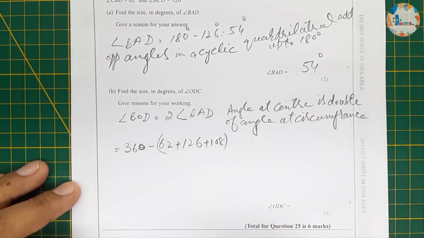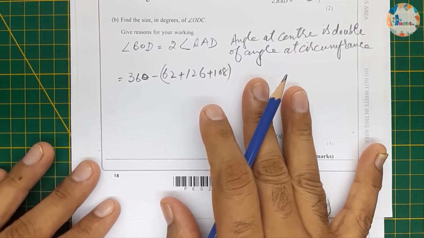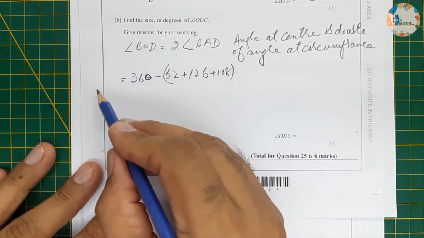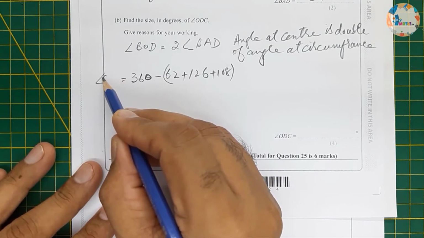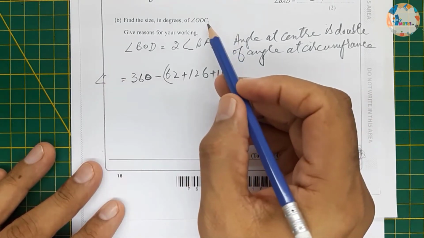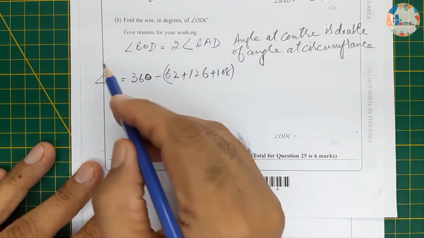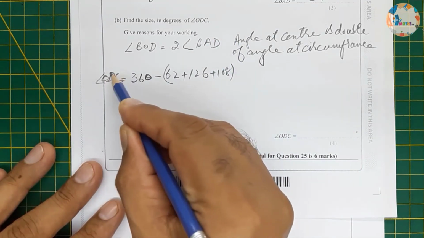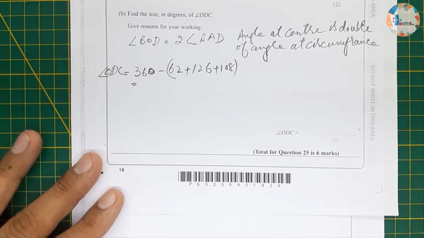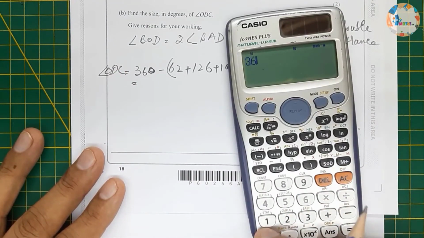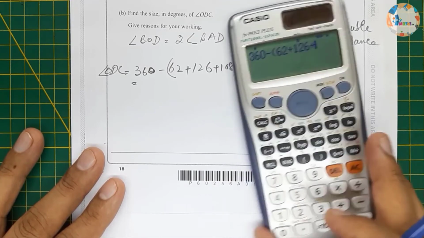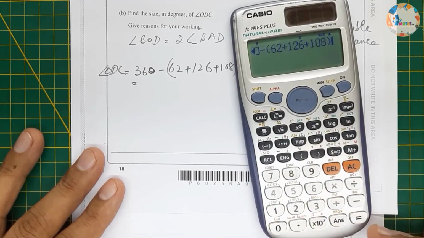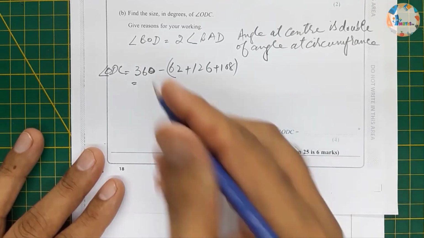So this will be equal to angle CDO. So angle ODC will be equal to this one. So we can calculate 360 minus (62 plus 126 plus 108), and this will be equal to 64.